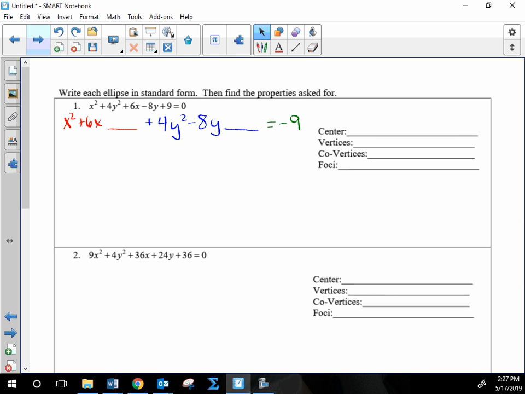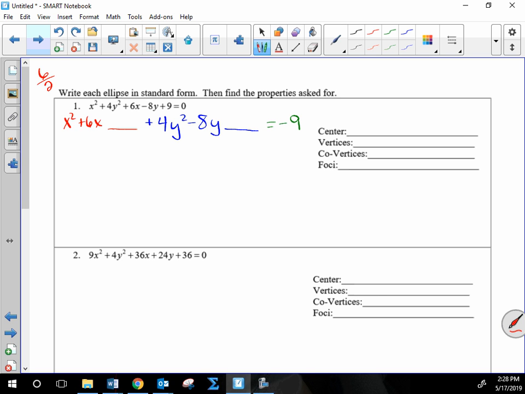Okay, let's start with our x's over here. We don't have a leading coefficient other than 1, so we can go ahead and do our b over 2 and add that. And I'm going to want to add it to both sides of my equation here. So my b over 2, if you need to write it off to the side, you're welcome to do so. If you can do it mentally, that's great. I'm going to write it off to the side here.